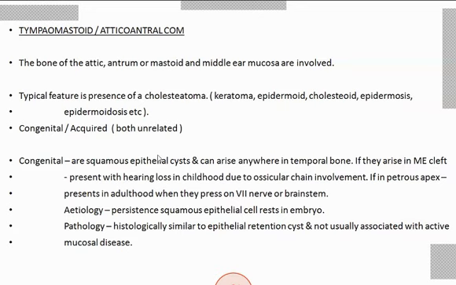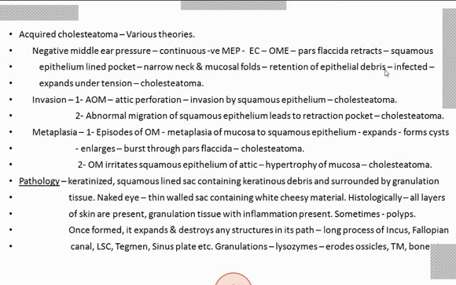The ideal is primary persistence of squamous epithelial cell rests. Histologically these are similar to any other epithelial cysts and usually not associated with active mucosal disease unless they get a secondary infection.